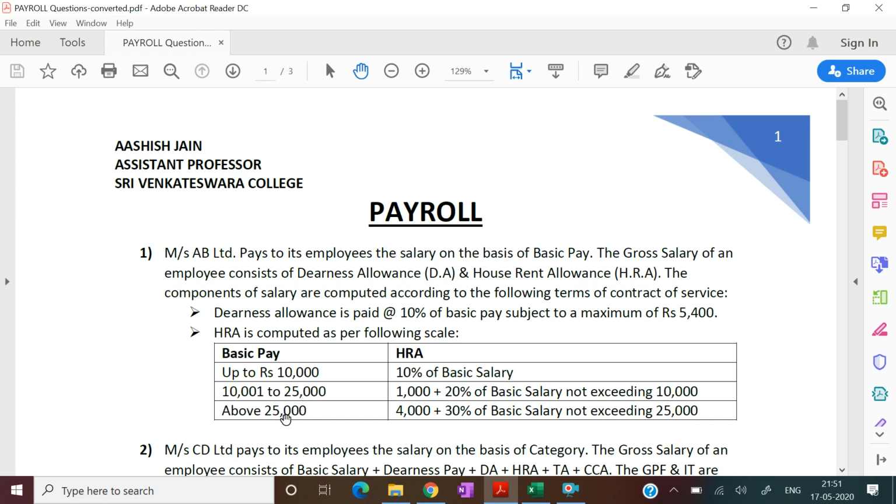If basic pay exceeds rupees 25,000, then HRA would be rupees 4,000 plus 30% of basic salary, not exceeding rupees 25,000. So let's discuss how to make this payroll in Excel.